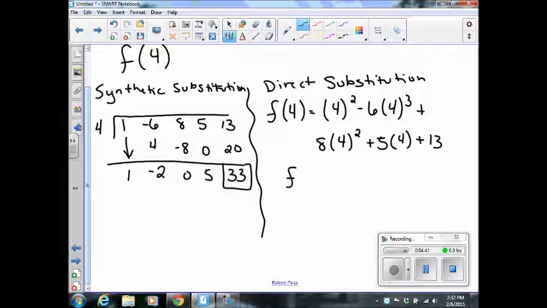By the time I plug all of that into my calculator, I will see that f of 4 is 33. Notice here, my remainders are the same. However, the nice thing about synthetic substitution is that I can see what my polynomial is for my remainder theorem, whereas with direct substitution, I can't see that.